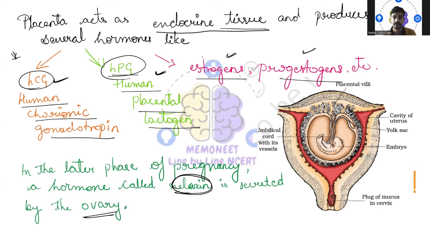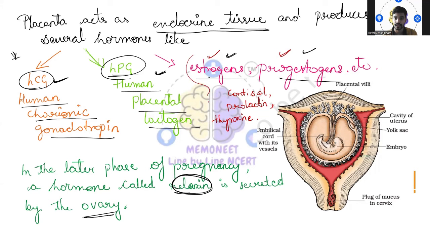The estrogen hormone, then the progesterone hormone, and there are even certain hormones like cortisol, prolactin, and thyroxine.